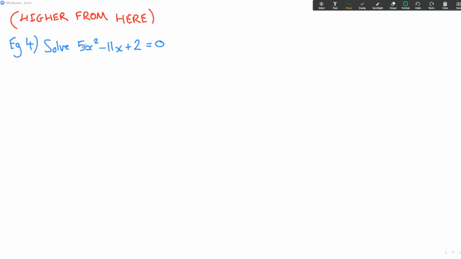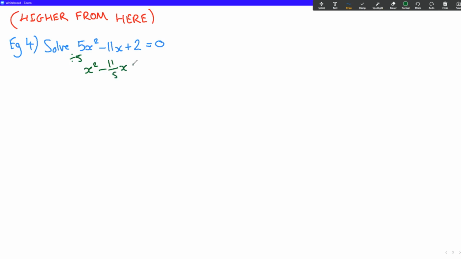Well, now we can see that we could divide this by 5 if we're using the same process as last time, or the last two examples. But when we do that, we end up getting 11 over 5x plus 2 over 5 equals 0.